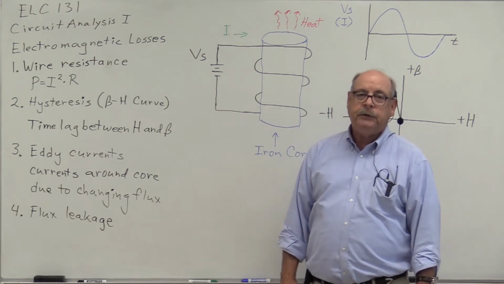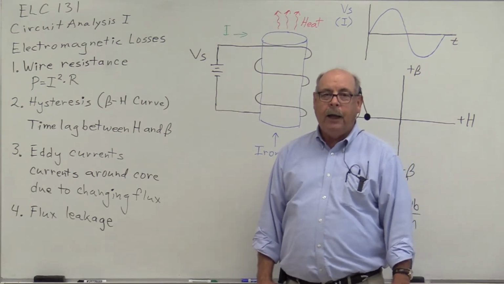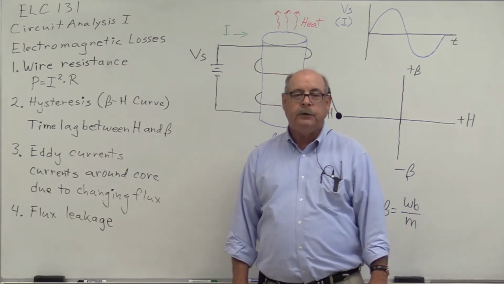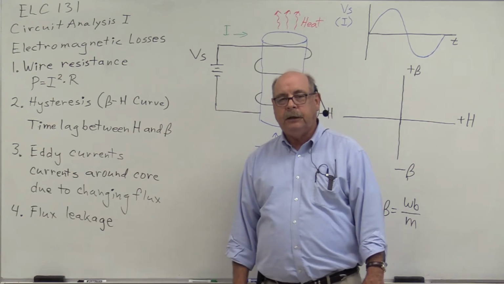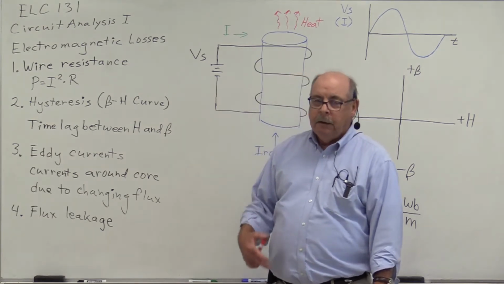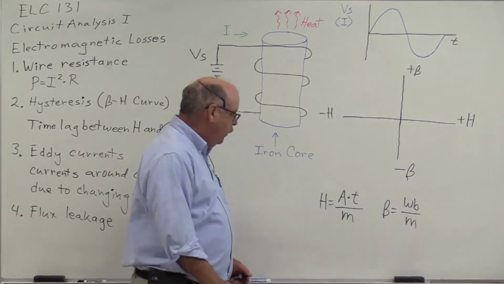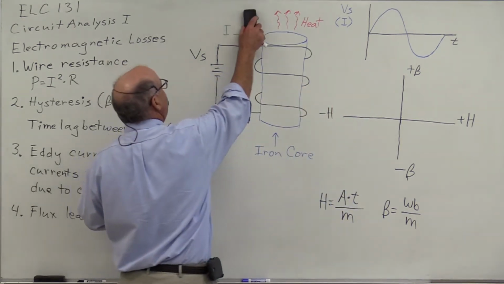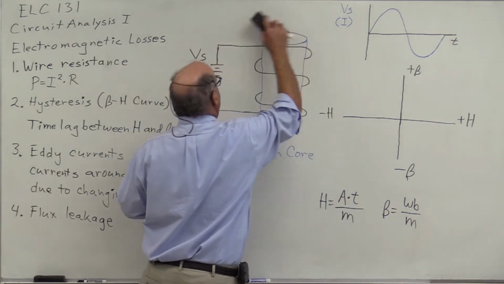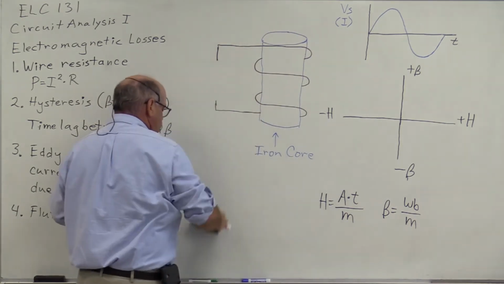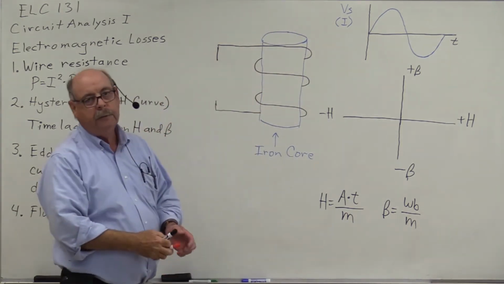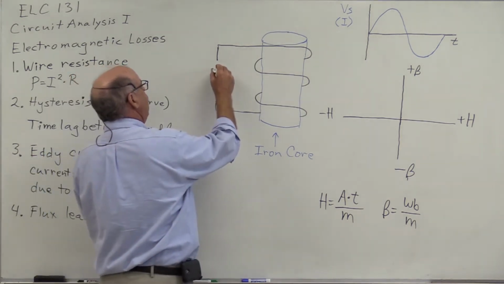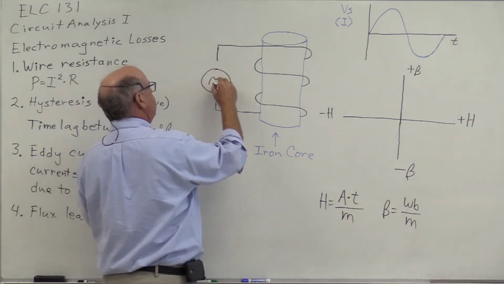Hysteresis is merely a time lag between the magnetizing force, H, and the flux density, B. Now, hysteresis only occurs when the source to the electromagnet is alternating current.